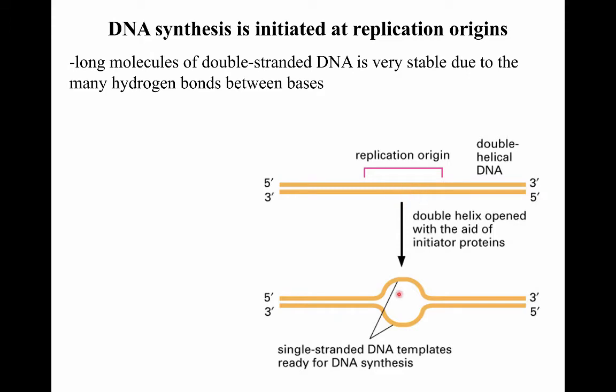So you can pull apart little parts. You're just breaking a few hydrogen bonds. So it's not hard to pull apart the DNA molecule at a little segment. It's really hard to pull it completely apart when it's millions of base pairs long. So the way we start replicating is pull apart a little section and start replicating there.